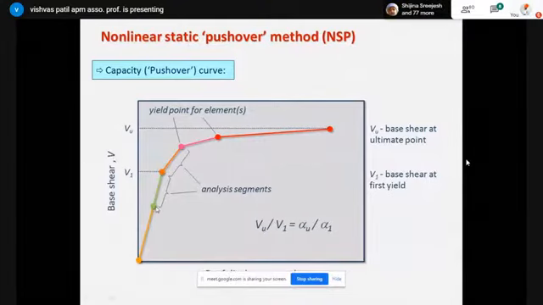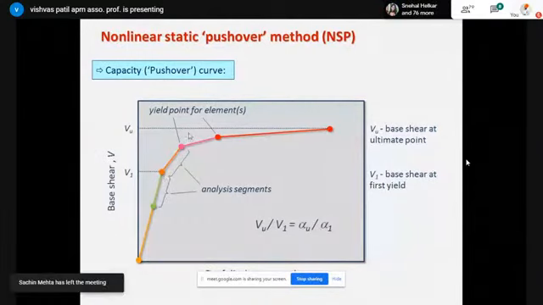After that there is a gradual bending, so it is a curve, and the stiffness goes on reducing. Why does the stiffness go on reducing? Because somewhere in this portion the element starts to crack, and because of the cracking the stiffness goes on reducing, and therefore this curve goes on bending.